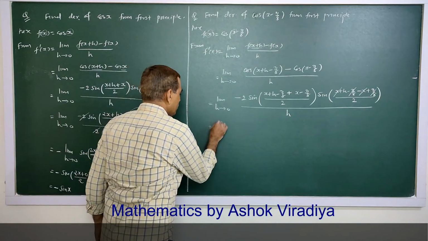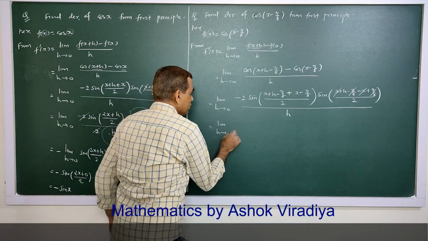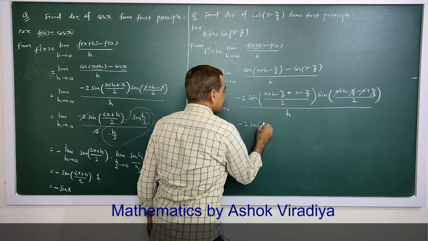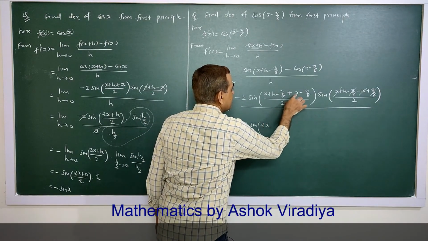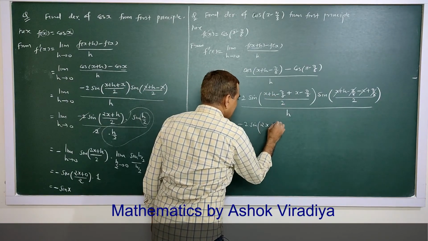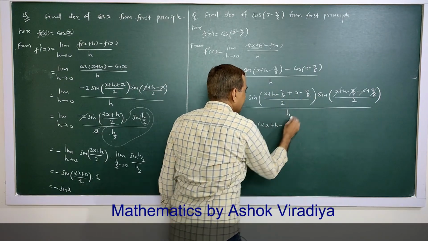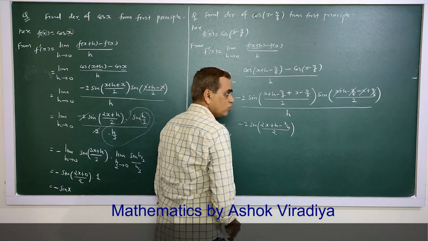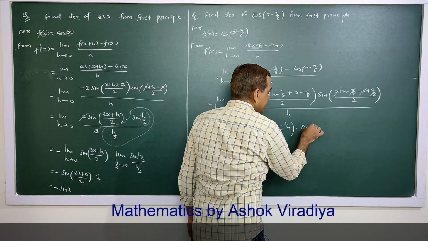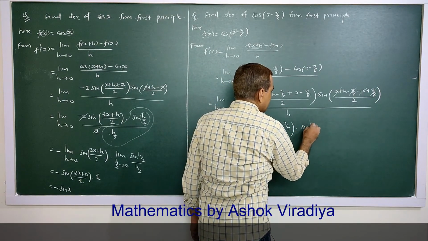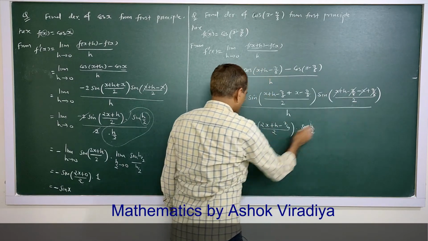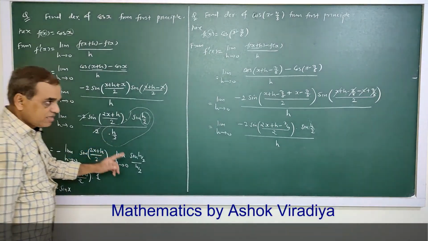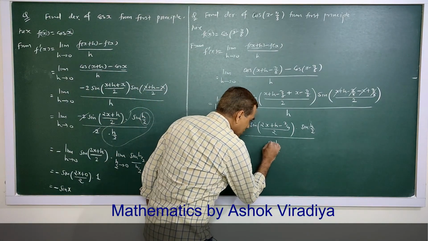So this is equal to limit h tends to 0, minus 2 sine, here x plus x is 2x, so (2x plus h minus pi by 8 minus pi by 8, which is minus pi by 4) divided by 2, into sine of h by 2, upon h. Now a similar procedure: divide by 2, multiply by 2.